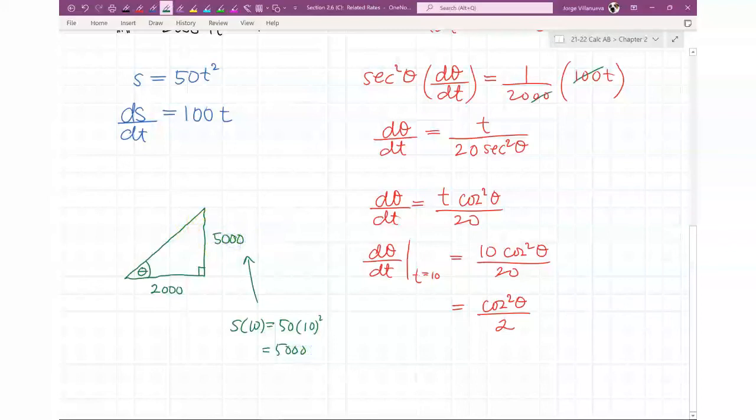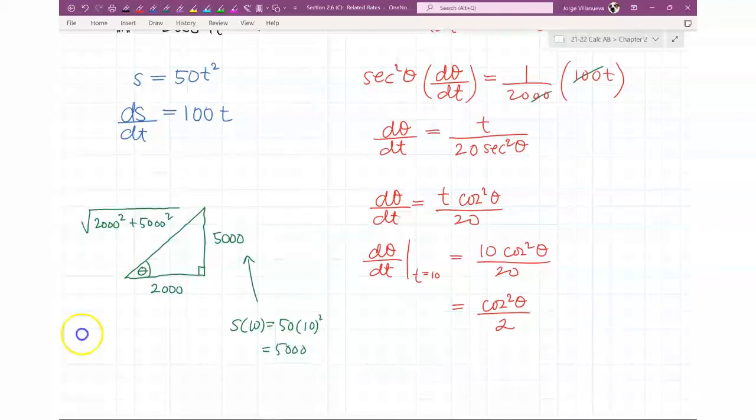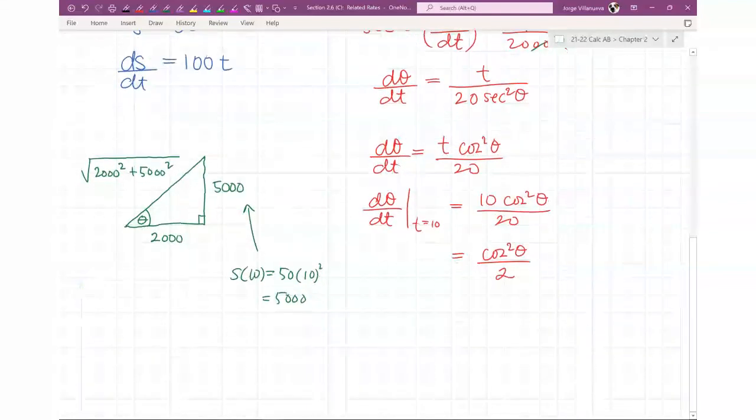So let me erase this. Now, if I'm trying to figure out cosine, don't I need to know adjacent over hypotenuse? I don't know my hypotenuse yet, but it's going to be 2,000 squared plus 5,000 squared, and then I have to take the square root of that. So let me plug that into this problem here.